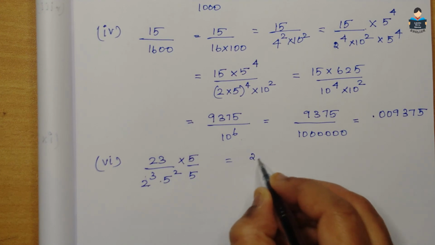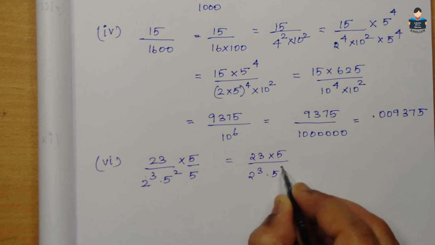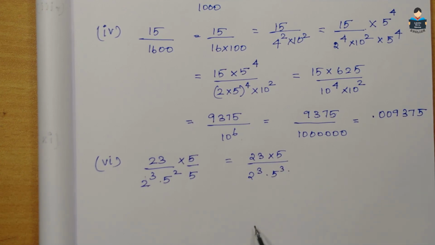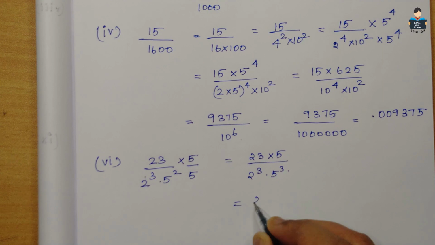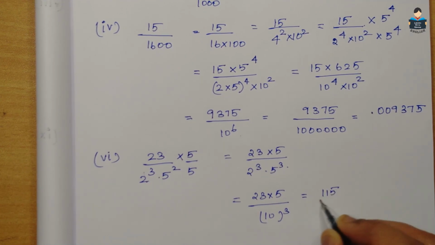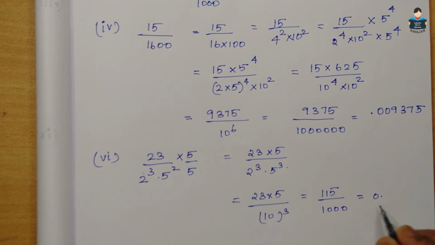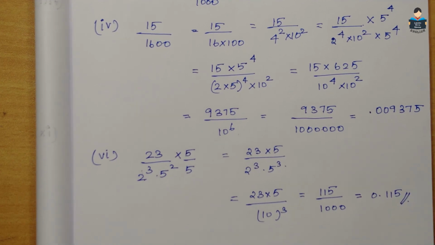So I will have 23 into 5 by 2 cube into 5 cube. So I will have 23 into 5 by 10 to the power 3, that is 115 by 1000. We have to place the decimal value after 3 digits. So I will have 0.115 as the answer.